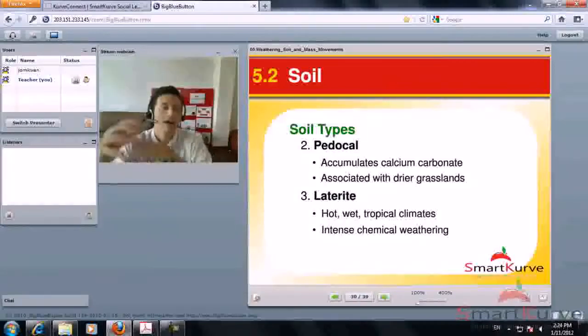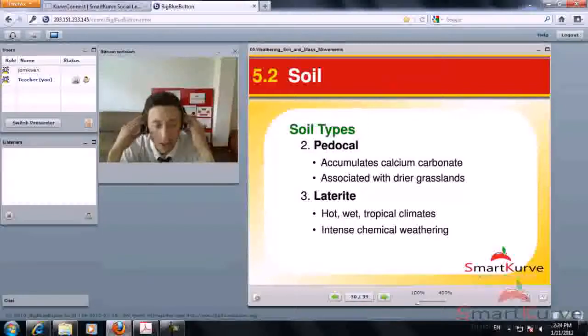So areas that are rich in limestone and marble, that's probably where you're going to find your pedocal soils. Areas that have a lot of feldspar and silicates, that's where you're going to find your pedalfer soils.